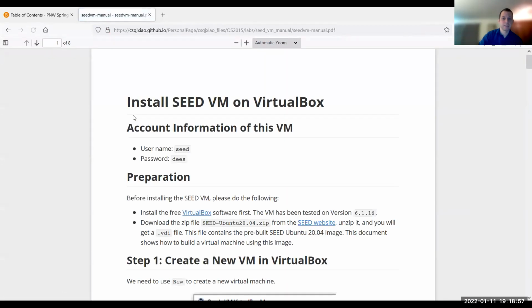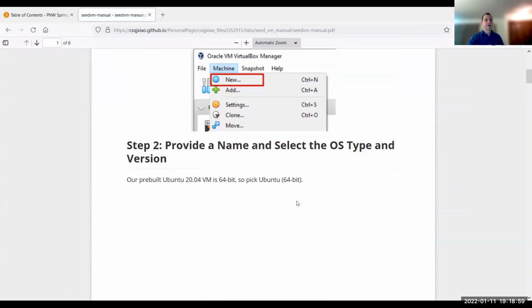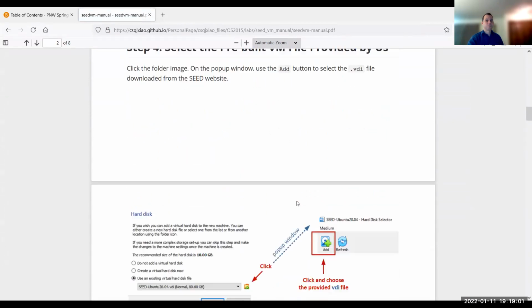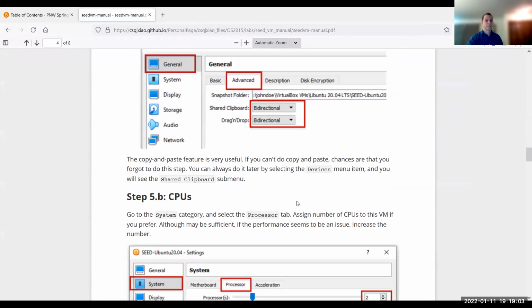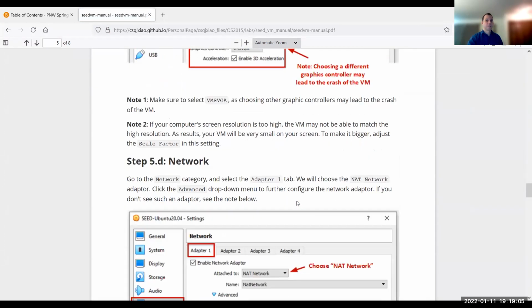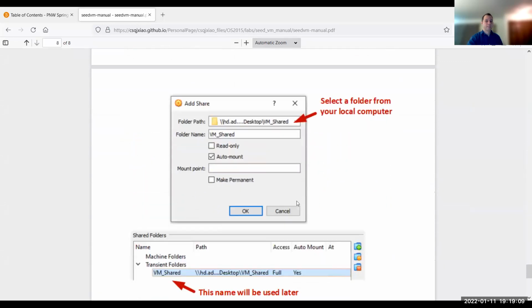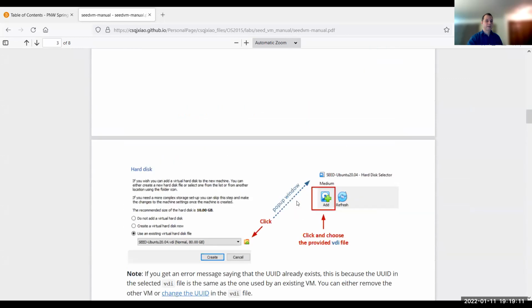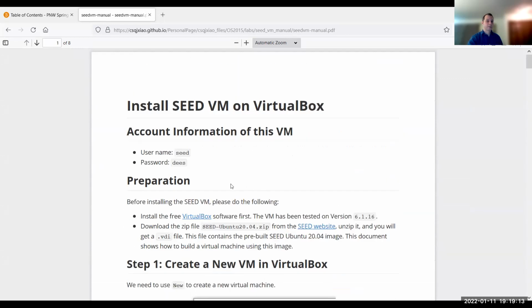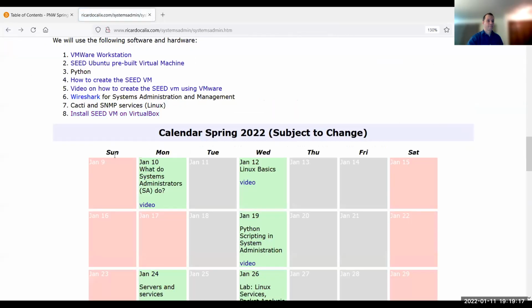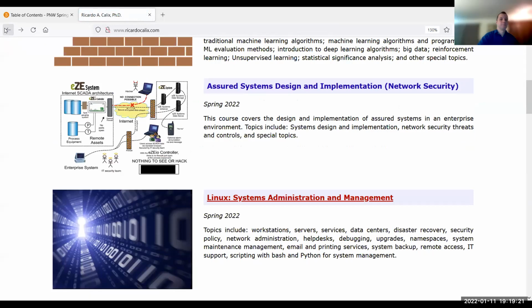You can click on this link and it'll provide all the instructions, hopefully, that you need to create the 2004 VM in case you haven't created it yet. Okay, guys, is this clear? Are there any questions about this? No questions. So just create it, please.